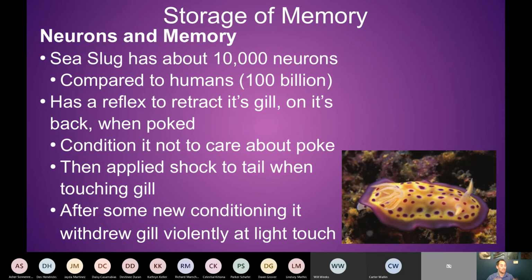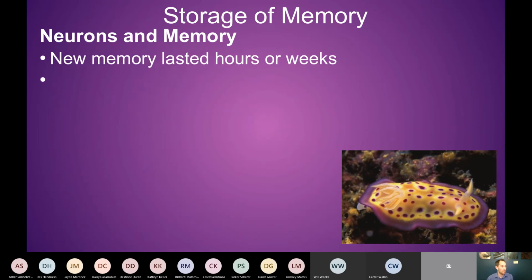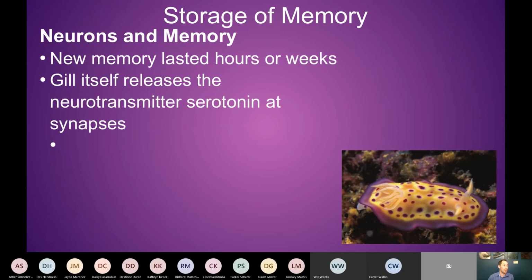So the sea slug is really important in how we learned about these neural networks and how we create memories. With that, the new memory for the sea slug lasted even hours or weeks. So it was very similar to a long-term memory. It was persistent. It stayed with them for a long time.